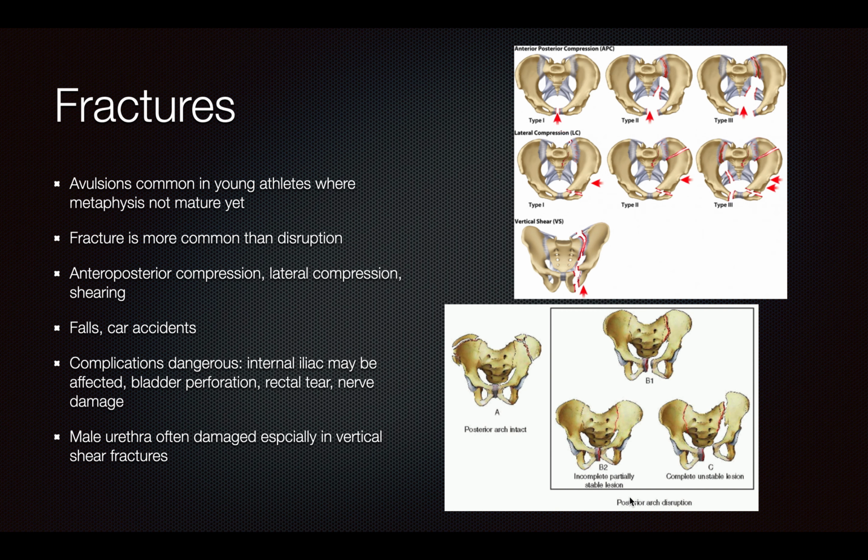There are three different types. Complete break; partially stable, where there's a fracture here but this is mildly torn; and then completely unstable, which is when the entire half of the pelvis is going to be avulsed.